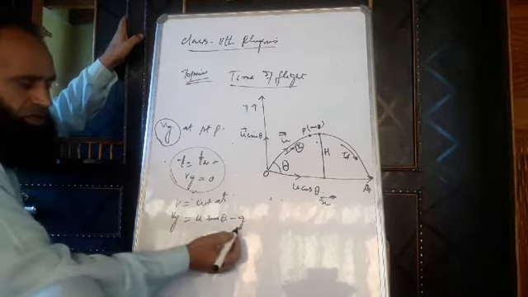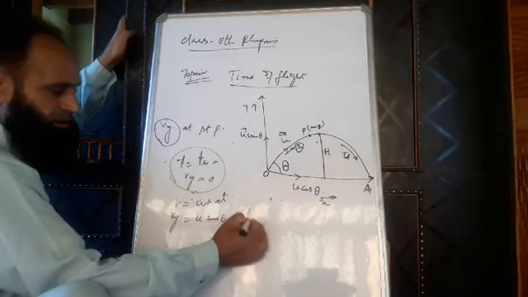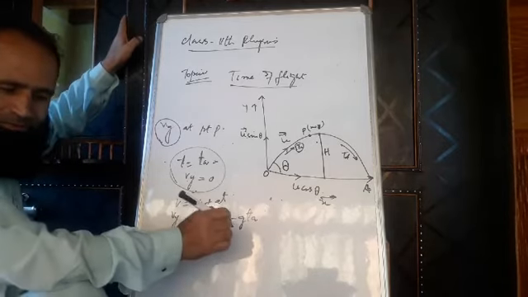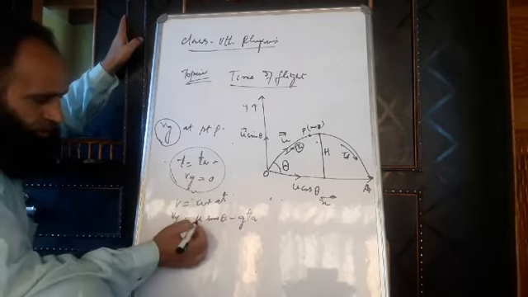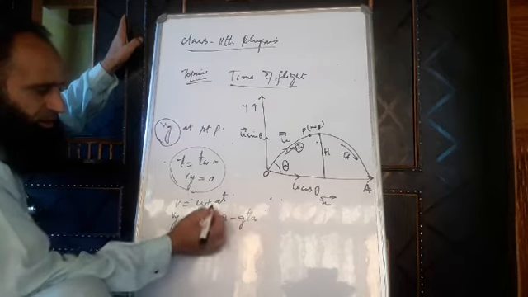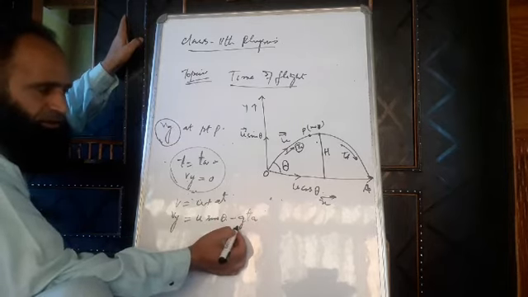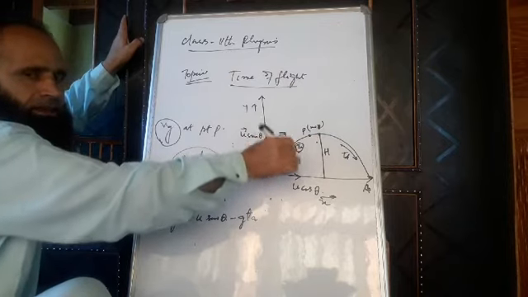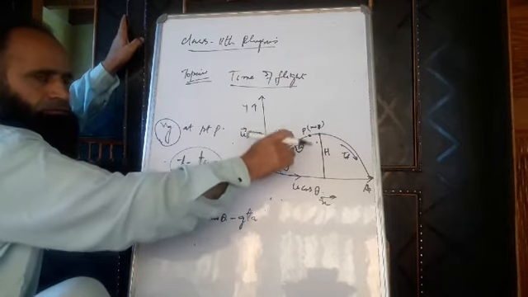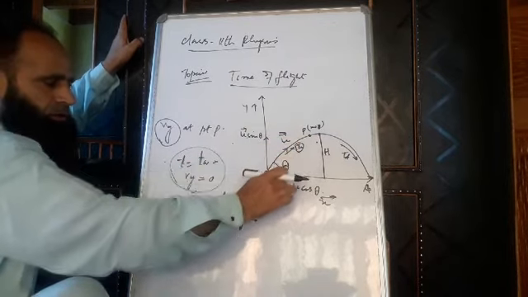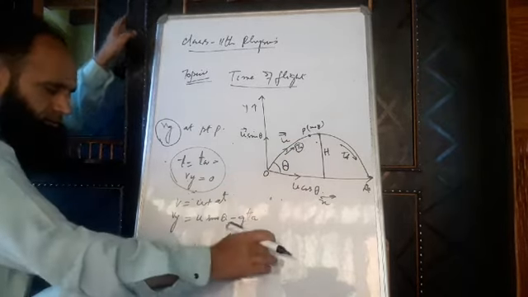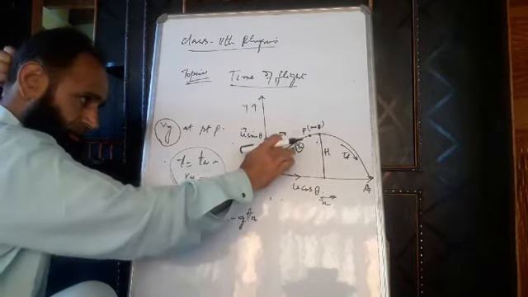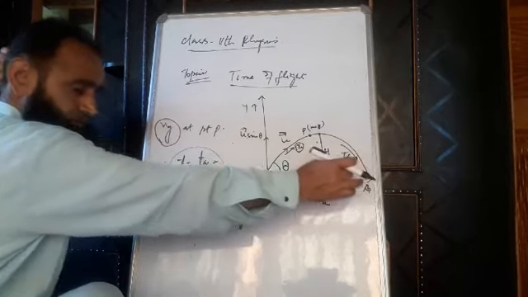Instead of t, we write TA. So we have u sin theta minus g TA. Instead of acceleration, we write acceleration due to gravity, and at every point there is an attraction due to the earth. g is involved at every point.